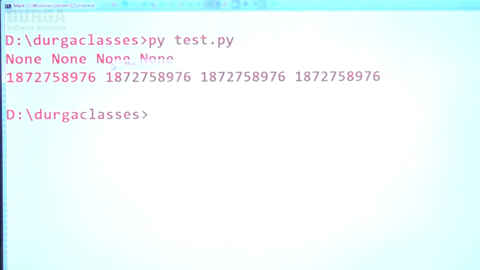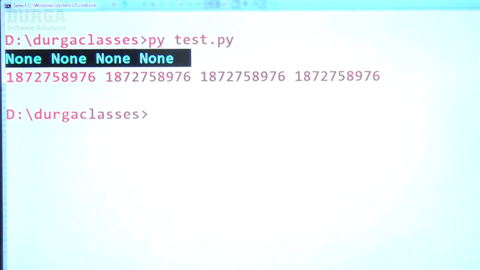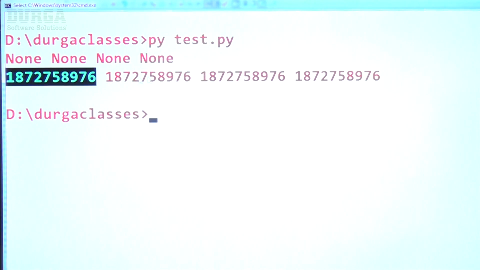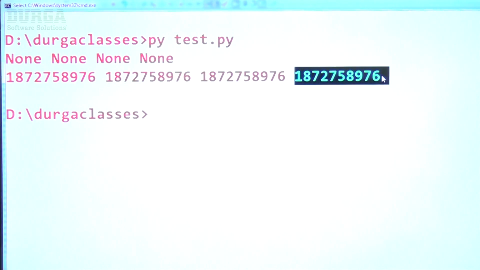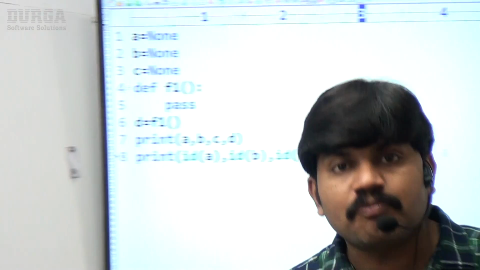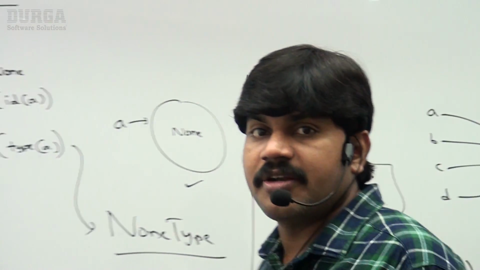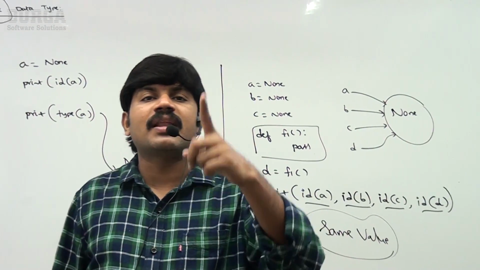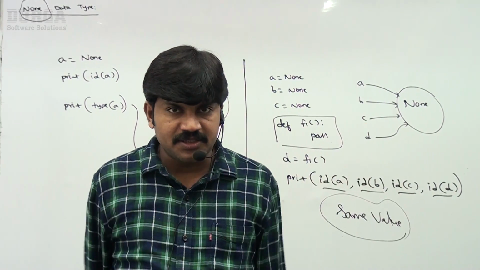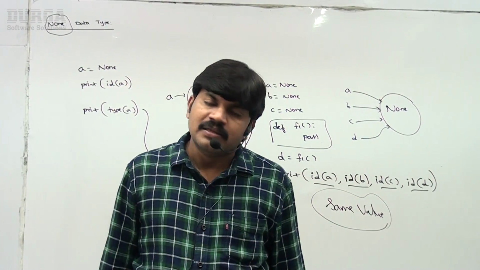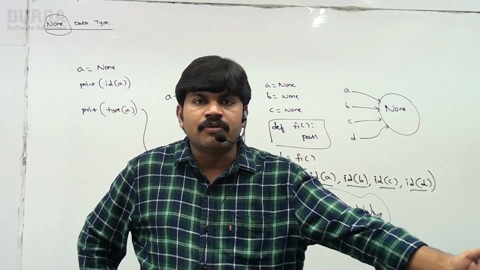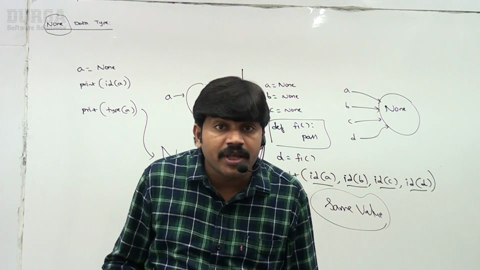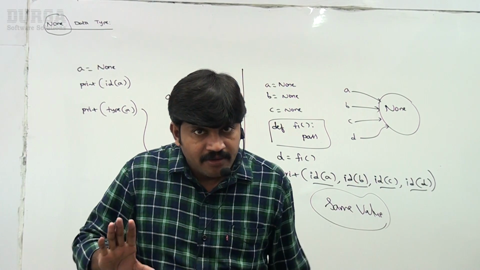Observe that in all cases it is the same, ending with 976. Is it the same value we are getting or not? Yes, the same value. So how many none objects got created by the Python virtual machine? Only one none object throughout our application. If you use none multiple times, the same object only will be referred. Clear for all of you? So if there is no value to handle such cases, we have to go for none. Okay, any doubt?